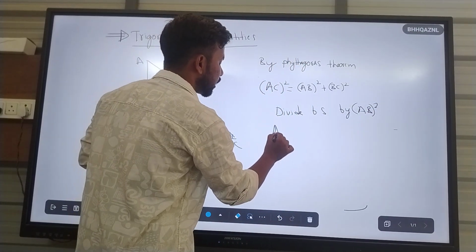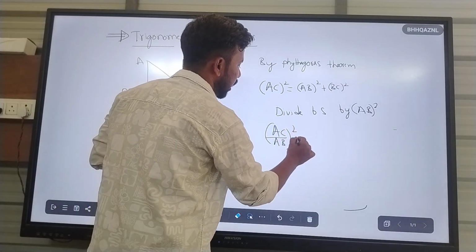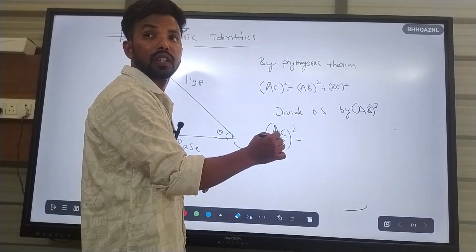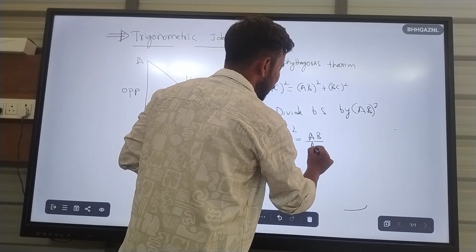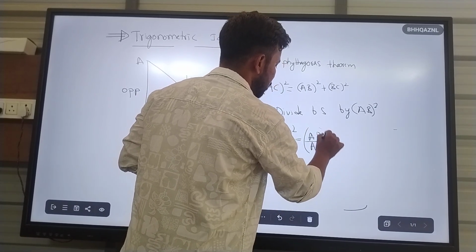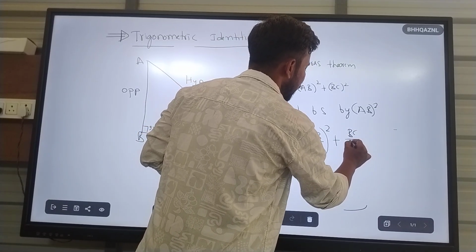Now AC by AB whole square equals AB by AB square plus BC by AB whole square.